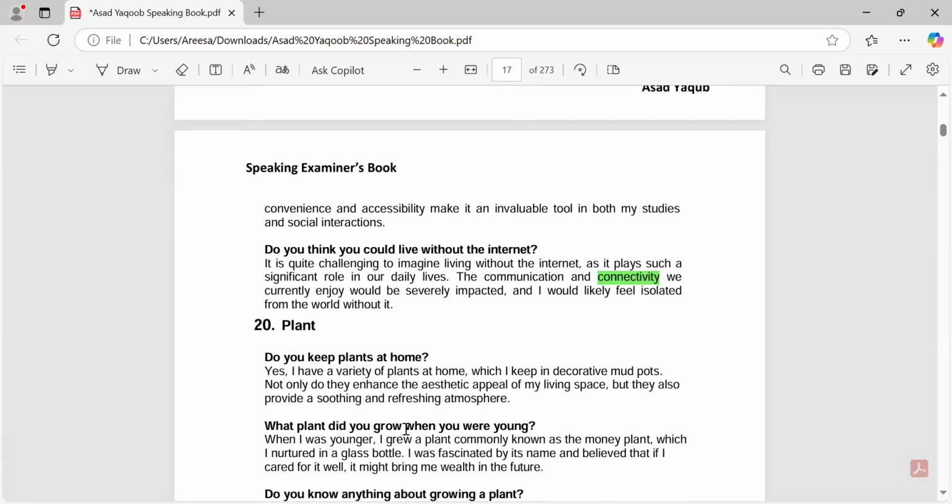Do you know anything about growing a plant? Yes, whenever I planted a plant or plan to plant any kind of plant, before that I read different manuals or research about how to plant it and how to grow it in a better way.